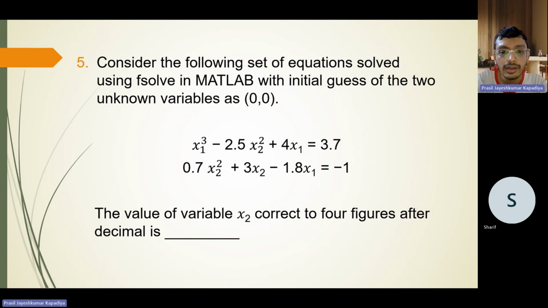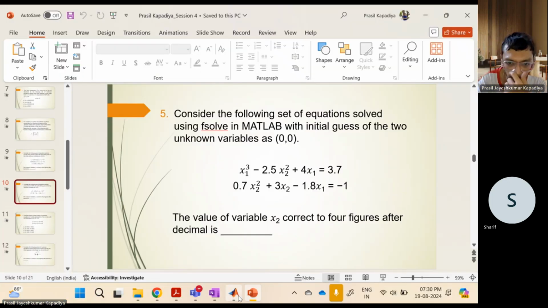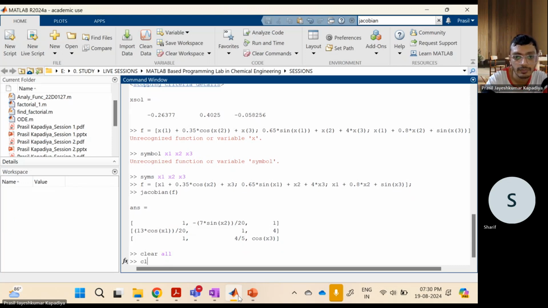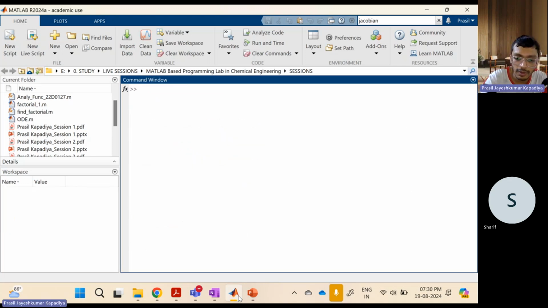Consider the following set of equations solved using MATLAB with initial guess of 0, 0. Okay, so let's do it. X1 cube. So my f is equal to at the rate of x.